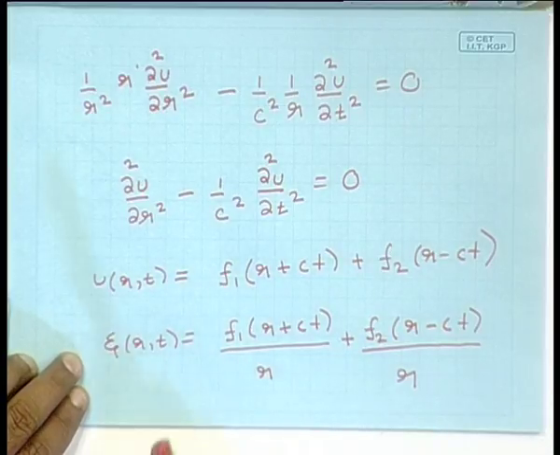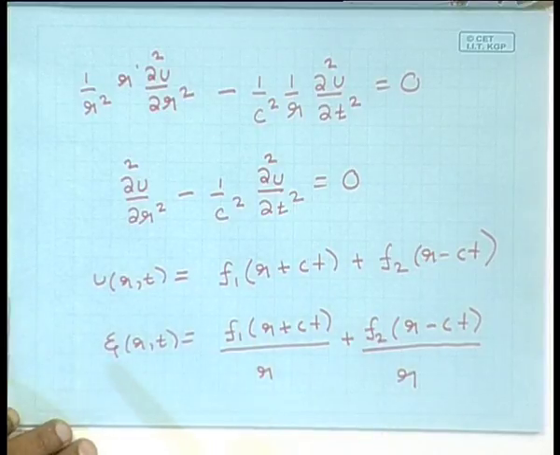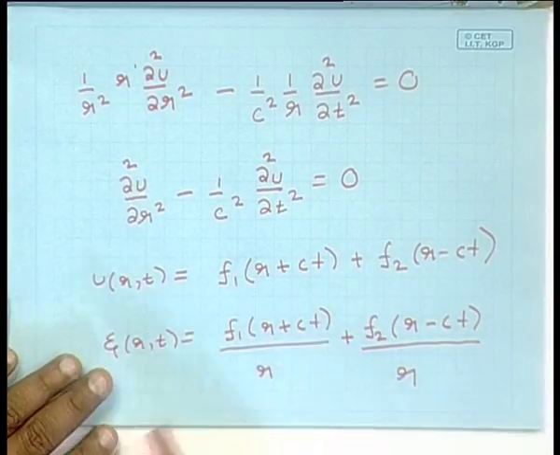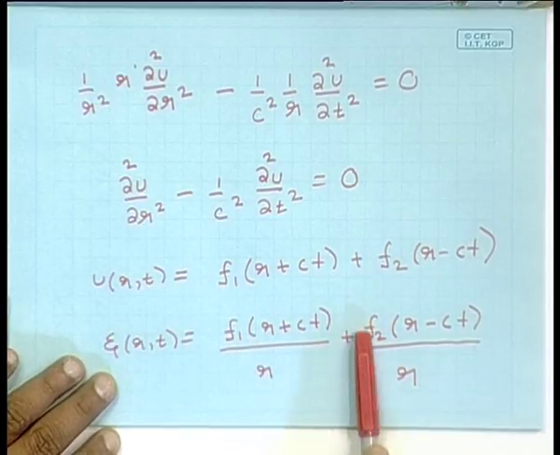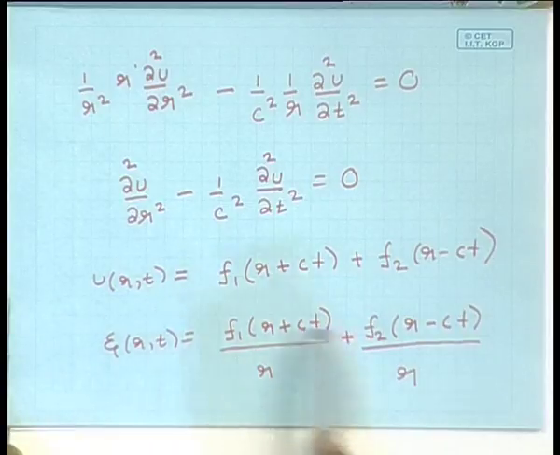It could be some arbitrary function f1, a well behaved arbitrary function whose derivatives are also defined, of r plus ct divided by r, plus some other arbitrary function of r minus ct divided by r. So we have two possible solutions.